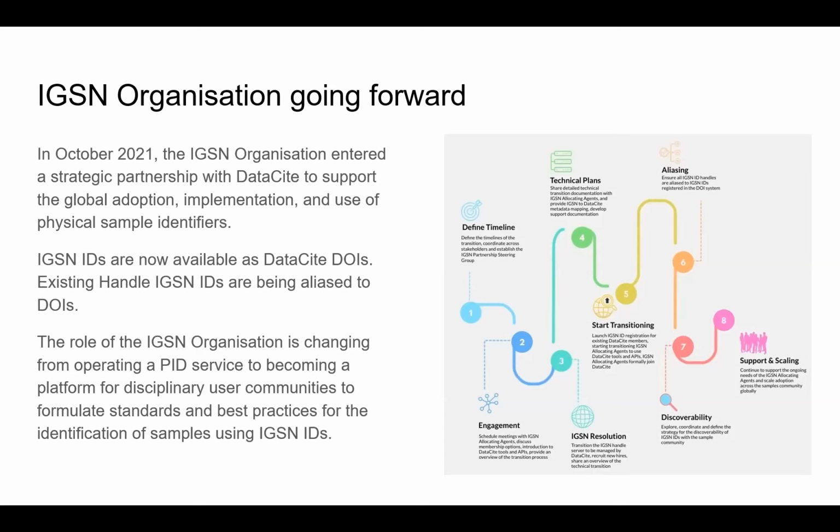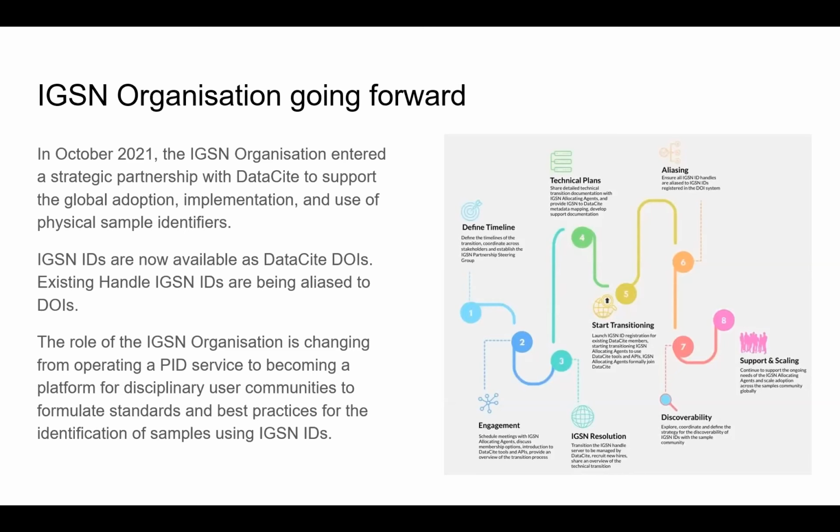And one of the results from this project was the advice that we should partner with another organization with related aims. And so as an outcome of that, in October 2021, the IGSN organization entered a strategic partnership with DataCite to support the global adoption, implementation, and use of physical sample identifiers.